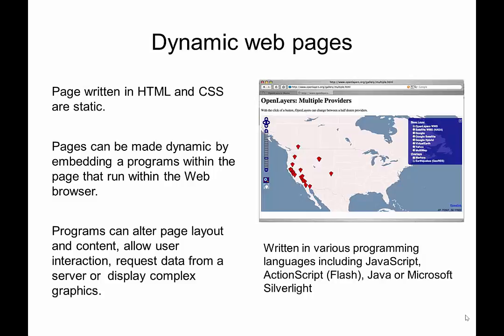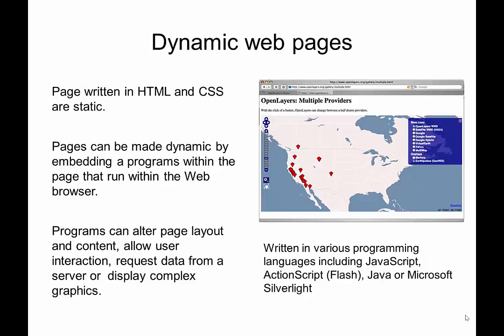But you can't do anything internally. Within the page itself, it's static. It can't change. You can't turn off bits of it, make a field so that you can't enter data into it, or automatically fill the value of a field or anything like that. That's dynamic, that's movement, that's change.